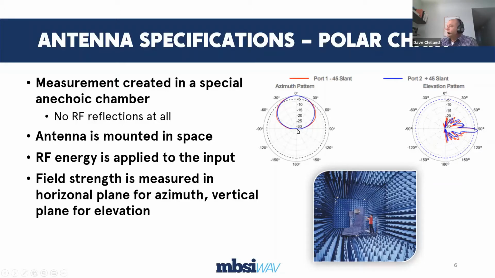At some distance away from the antenna, maybe 5 meters, 10 meters, whatever the size of the chamber happens to be, the signal strength is measured in every direction around the antenna horizontally and vertically.